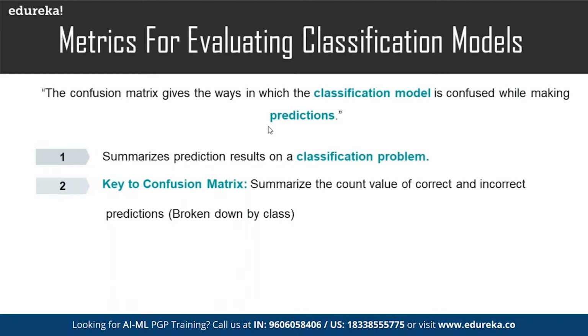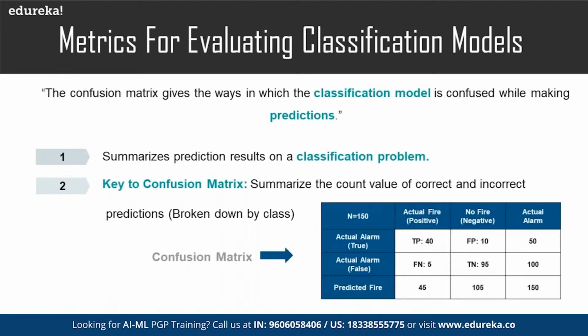So what does the confusion matrix do? It summarizes the incorrect and correct predictions by class. Take a fire alarm system, for example. The system should alarm correctly whenever there is a fire in a place.